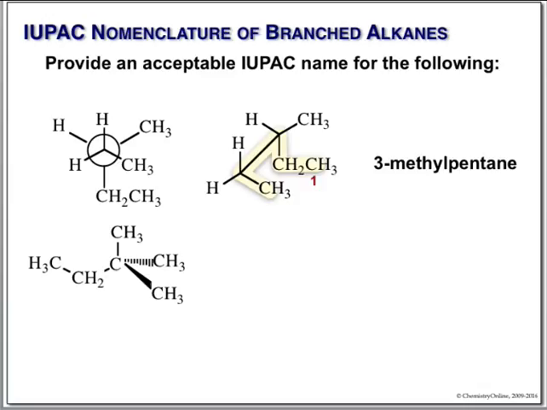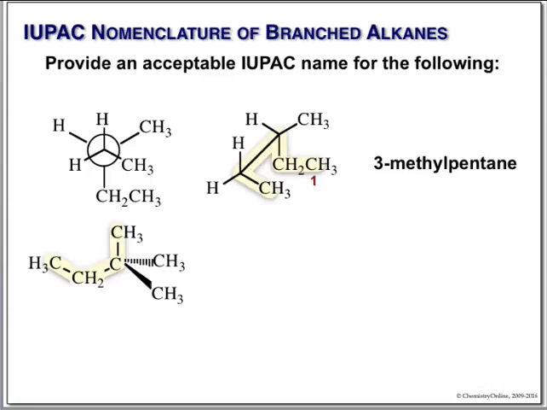On carbon number 2, we're going to have 2 CH3s, that's 2 methyls. So it's going to be a 2,2 dimethyl. Let's pretend that's our parent.